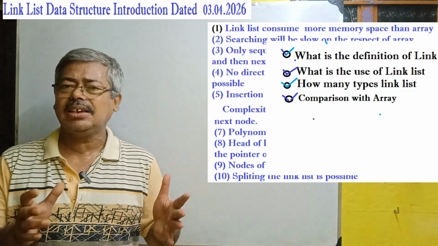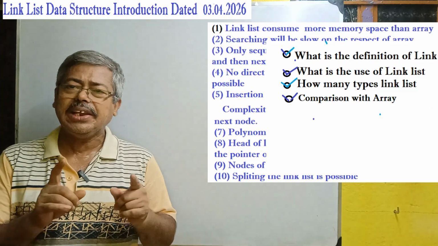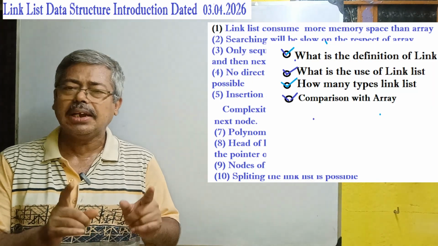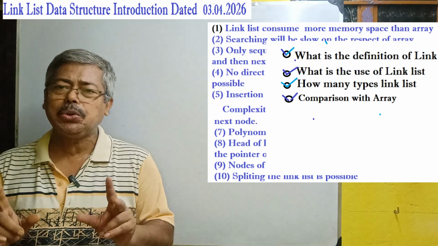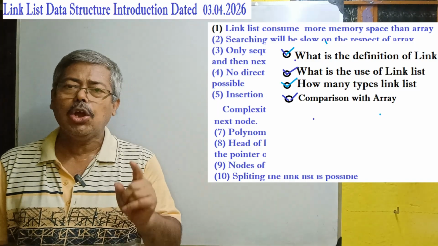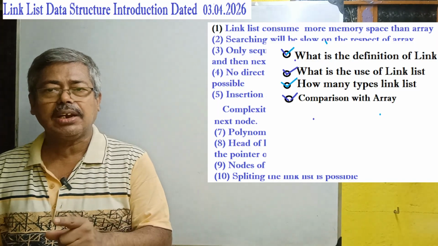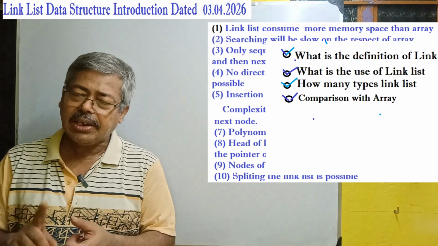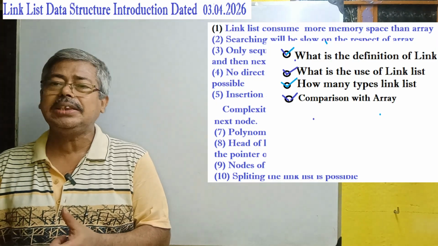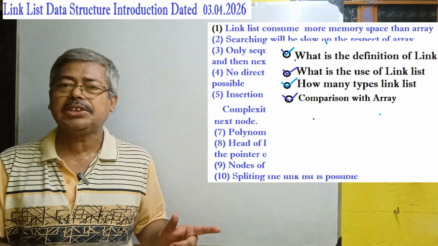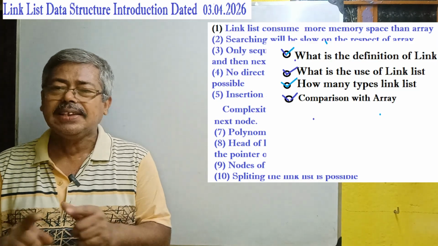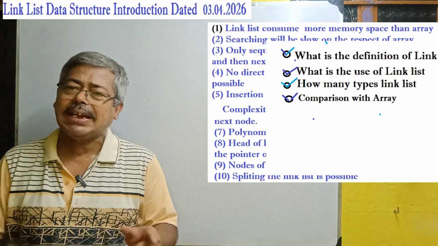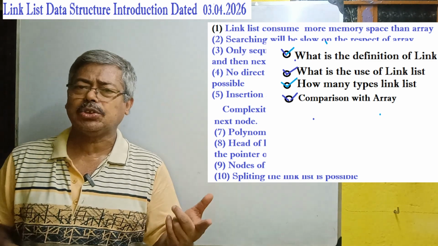Each node has a minimum of two parts. One is data, another is a pointer. The pointer points to the next node, and that next node contains the pointer for the following node. In this way, each node is separated and identified by the pointer of the previous node.